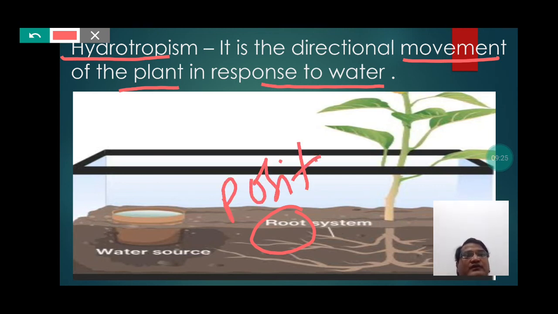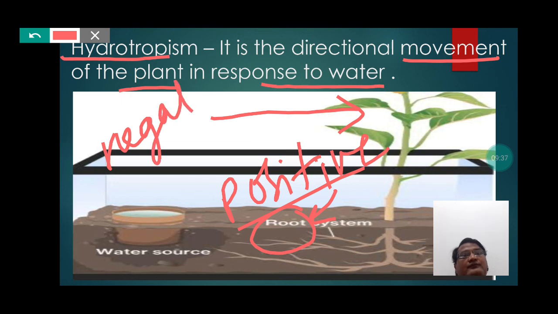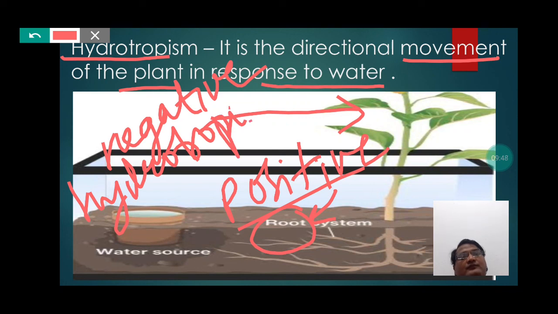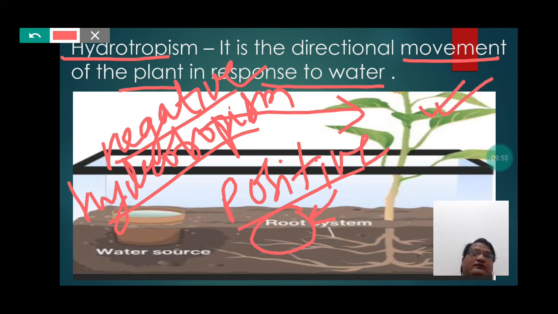So here the root shows positive hydrotropism, whereas the shoot is showing negative hydrotropism. So the stem shows negative hydrotropism, whereas the root shows positive hydrotropism.